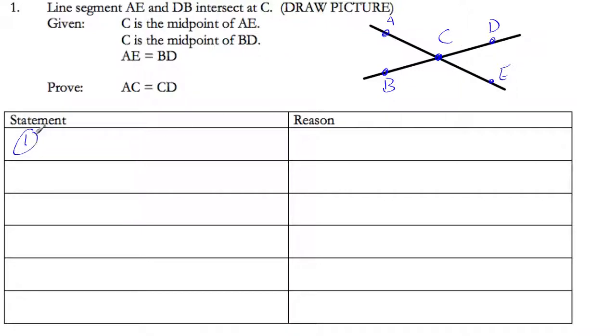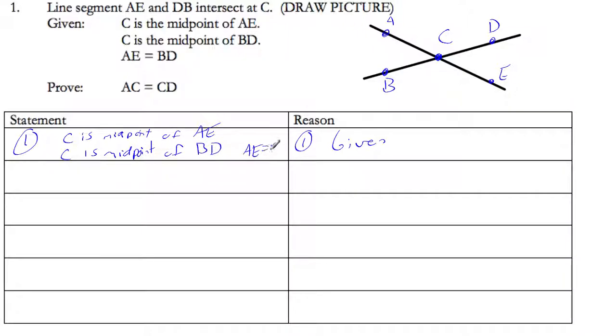Now, for my first statement here, I'm going to have all that's given. So C is midpoint of AE. C is midpoint of BD.